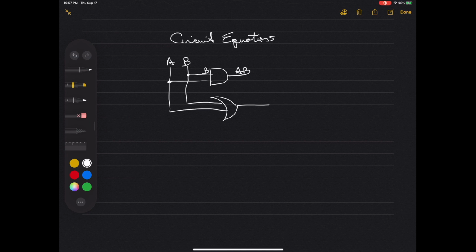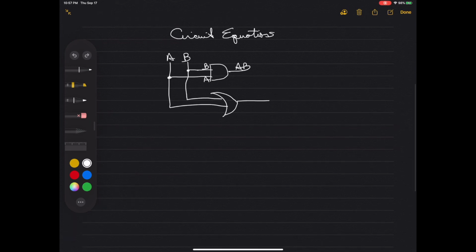I tracked the A, and that A is going to go over here. And so that's how I was able to establish AB. Now I track the A, that's going to go over here. I track the B, and that's going to go over here. So at the output, I'm going to have A or B. So that's my circuit equation so far.